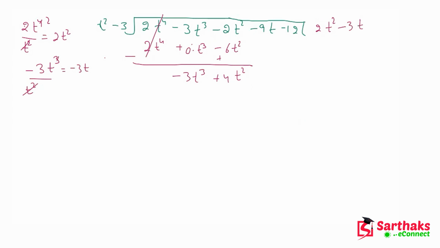Okay, now again this minus thrice of t is multiplied by t square minus 3. Then we get minus 3t cube plus 9t, and it will be written here, we get 9t minus 12 and here is 9t.